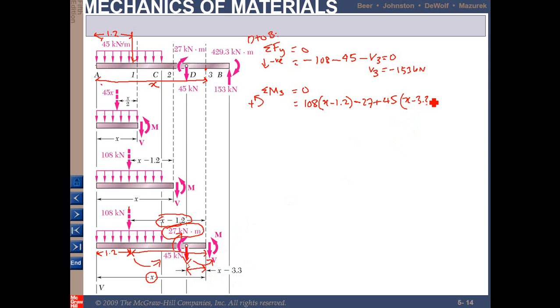Okay, I will show you why this is X minus 3.3.